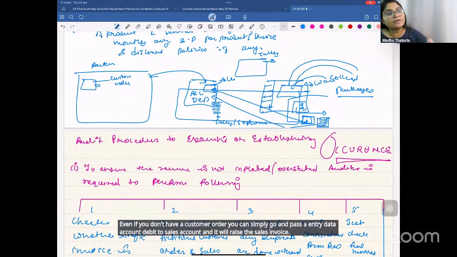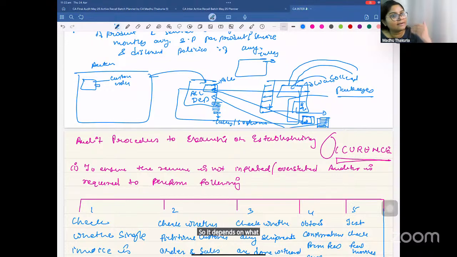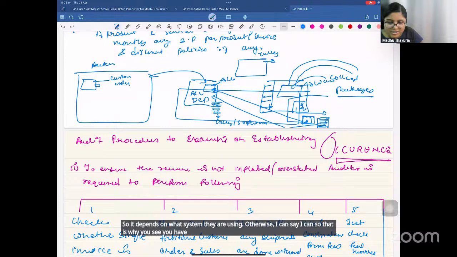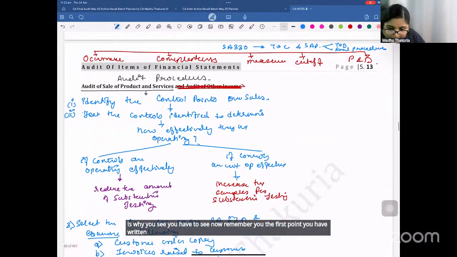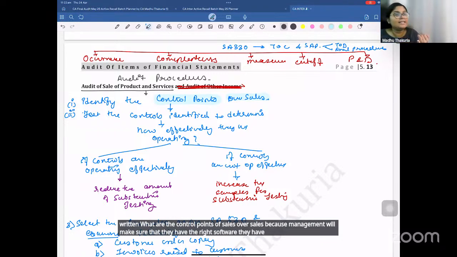So it depends on what system they are using. That is why you have to see now. Remember the first point you have written: what are the control points over sales? Because management will make sure that they have the right software. Even if they are using Tally, still they will put some control so that people do not raise fake invoices unless and until there is a valid customer order.